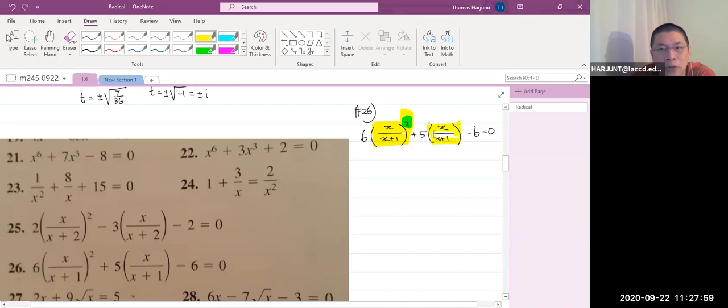So if I substitute that temporarily with u, then the equation suddenly becomes a quadratic equation. So now I get 6u squared plus 5u minus 6 equals to 0. Okay, and then we factor it. I think that's 3u plus 3.